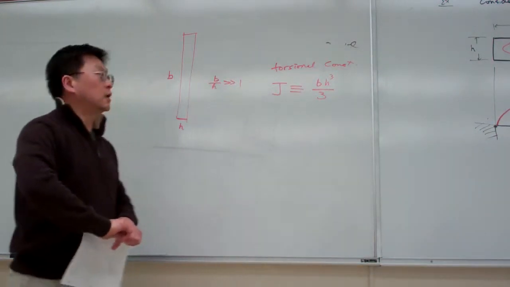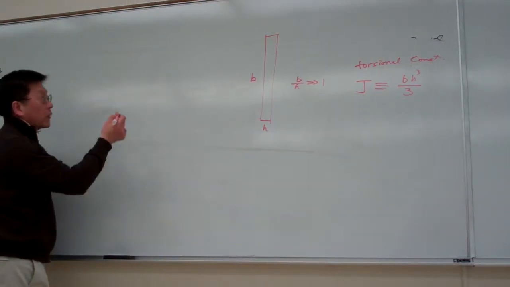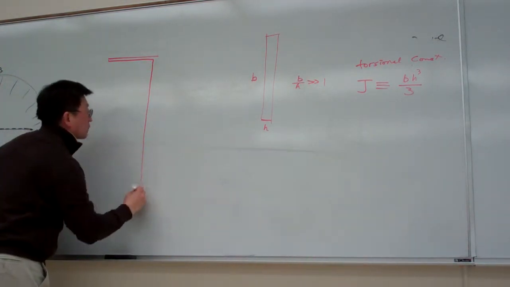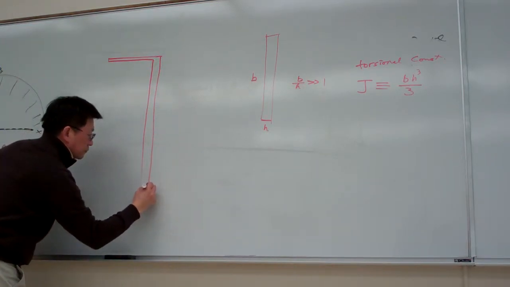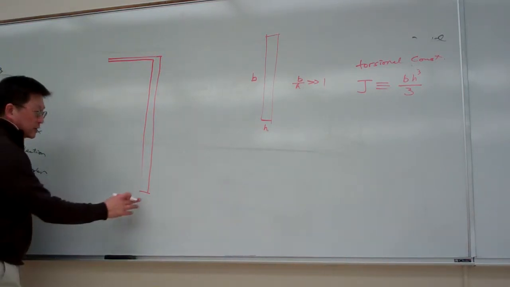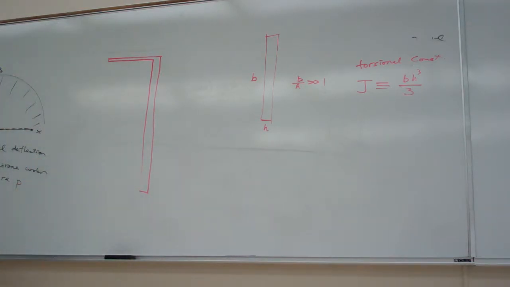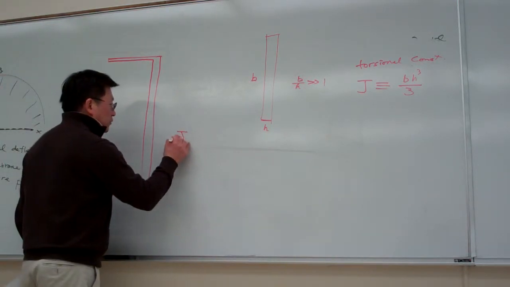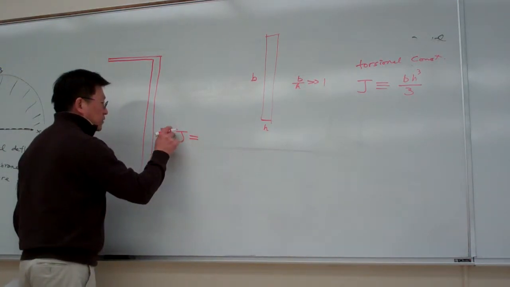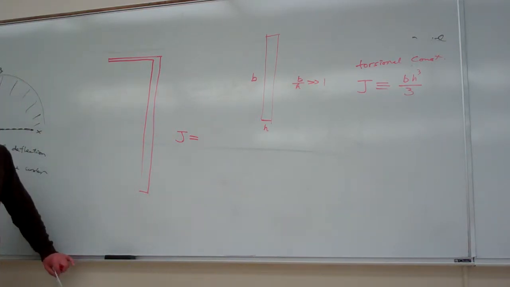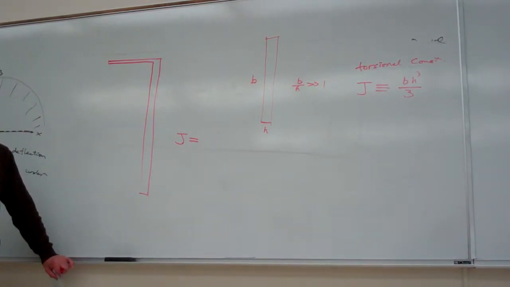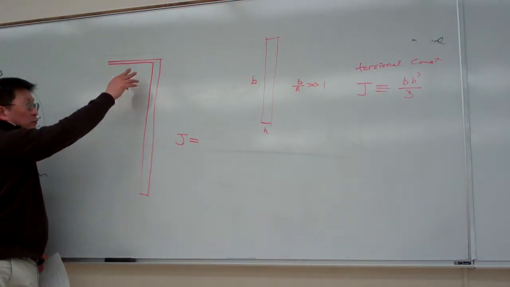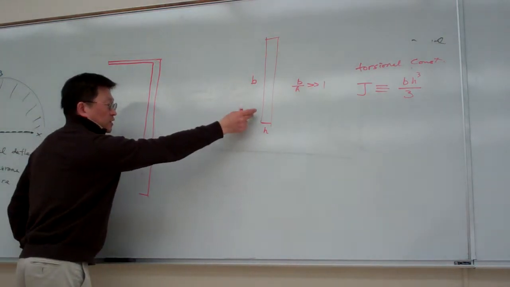Which means if we have a shaft with a cross section like this, I exaggerate, how can you make a good approximation of the torsional constant? Easy. You simply split it into a combination of this pattern.